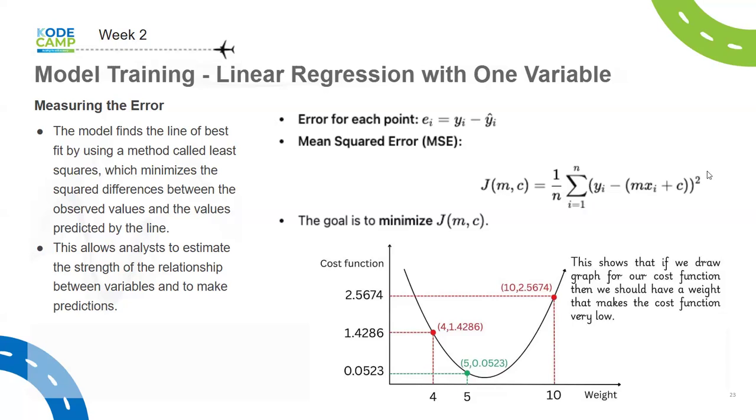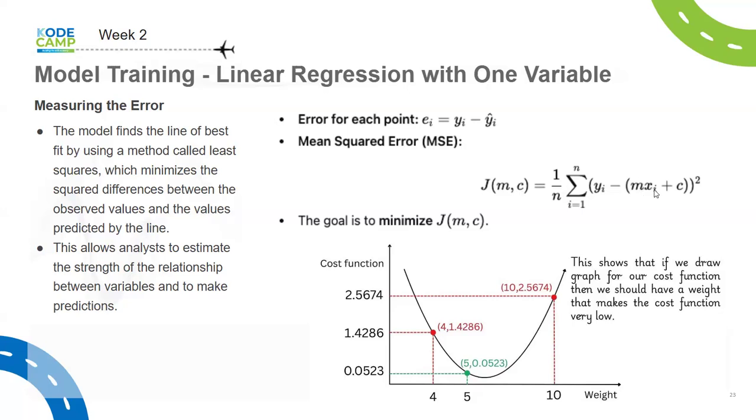For each data point, you square the loss, the difference between the true value and the predicted value, and you divide it by n, the total number of samples, and that gives you the cost function. J is the letter used to represent a cost function. The cost function is a function of m, which is the slope, and c.